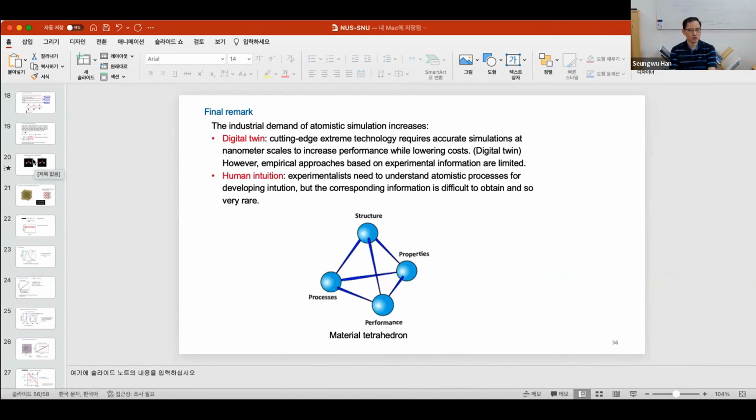Yeah, that's a very good question. It's true that amorphous material has no periodic structure. So in principle, we have to deal with a huge number of atoms.